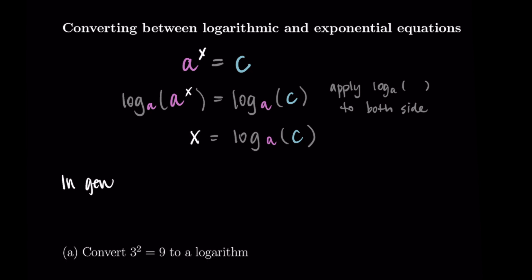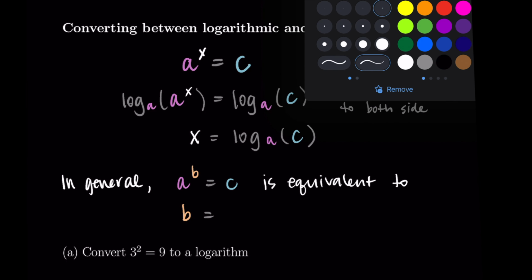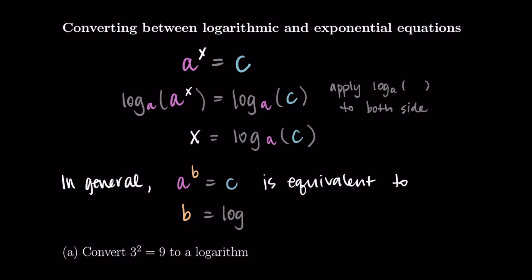So in general, and I'm going to replace x with a b value, if we have a to the b equals c, then this is equivalent, we can rewrite this as a log. So we have b equals log base a of c.